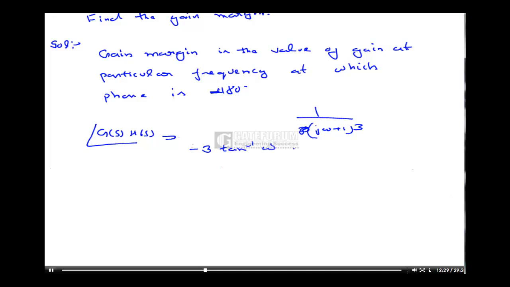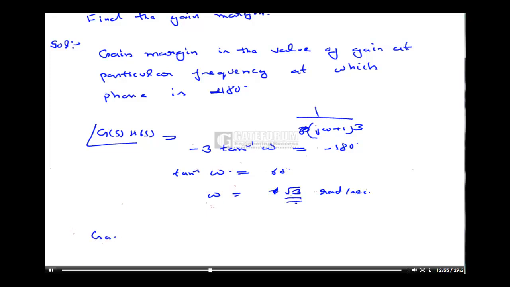Okay, this must be equal to minus 180 degree. So tan inverse omega is equal to 60 degree. Thus omega equal to root 3 radians per second.